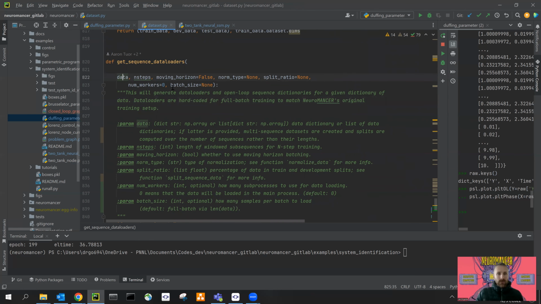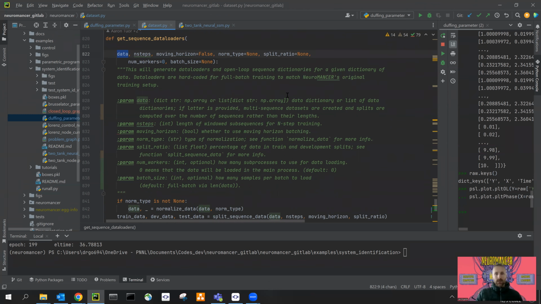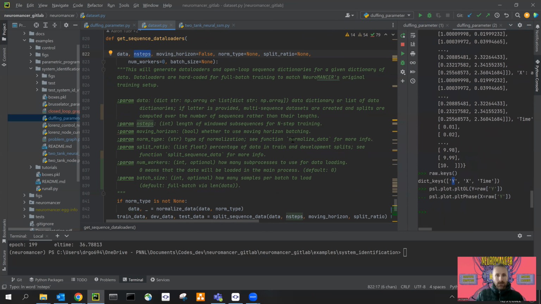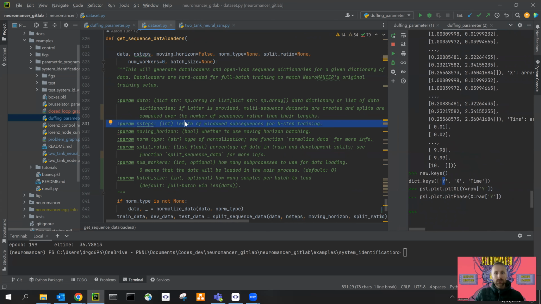Okay, so the data is a raw data set that expects some canonical keys, such as X or Y, or U if you have input action. And we provide the number of steps. That's the length of the window that will be used for batching of these chunks of trajectories.